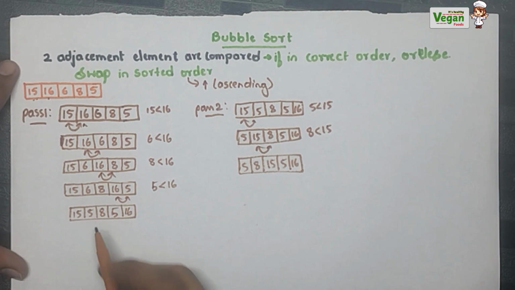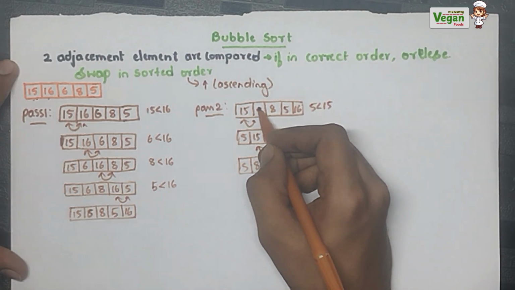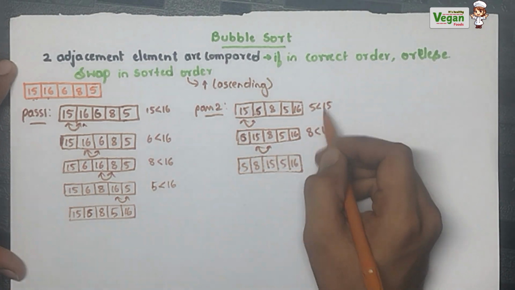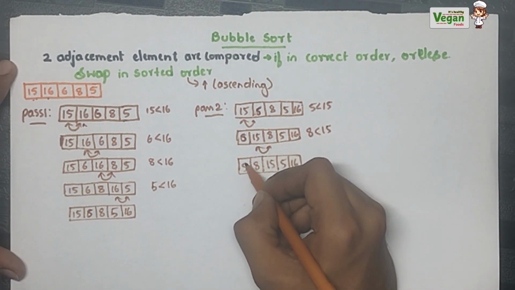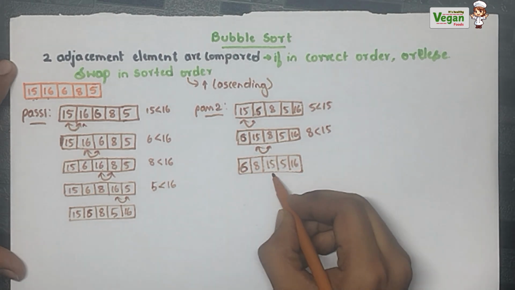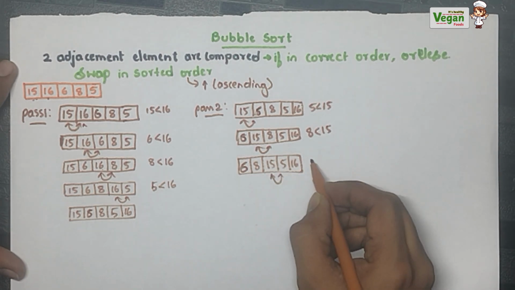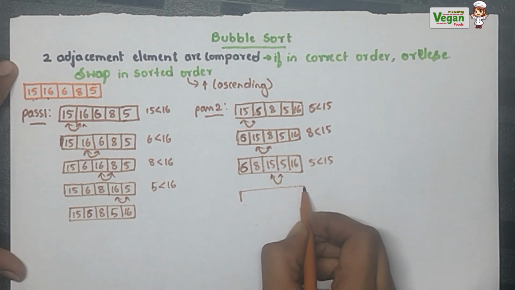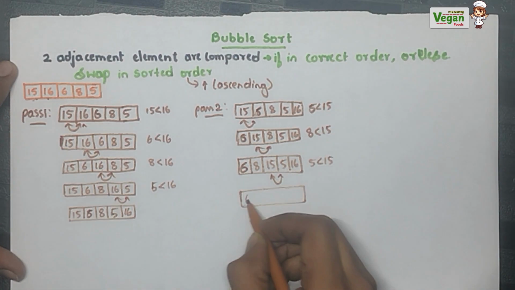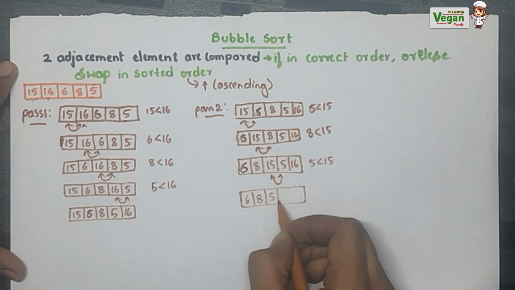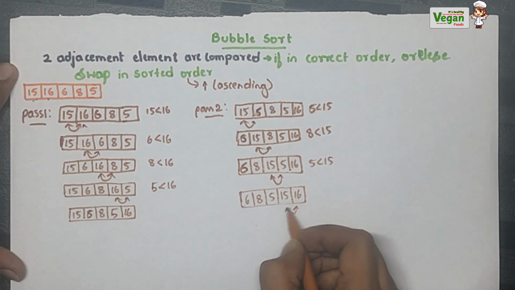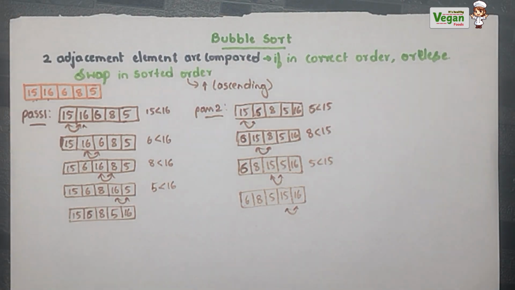Now compare 15 and 5. 5 is less than 15, therefore swap. So 6, 8, 5 will be here, and 15 will be swapped. Now compare these two: 15 and 16 are in the same order, that is increasing order. We will leave that there.